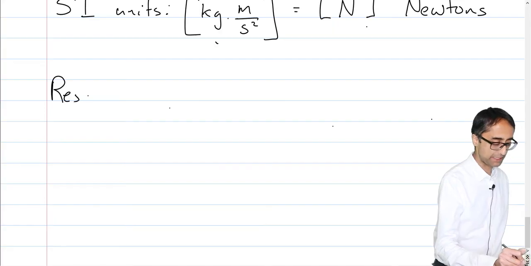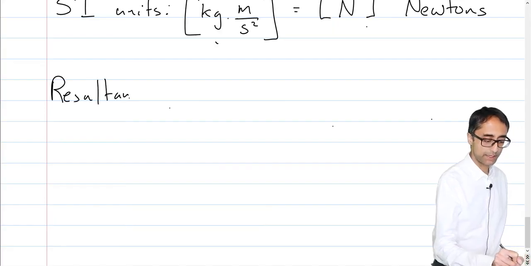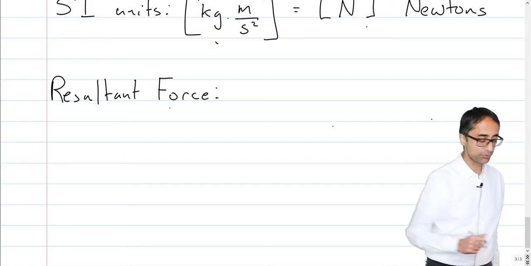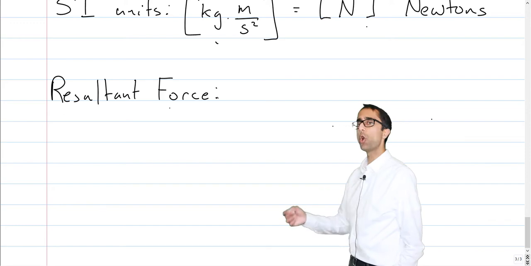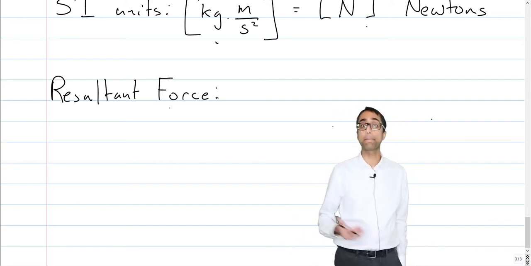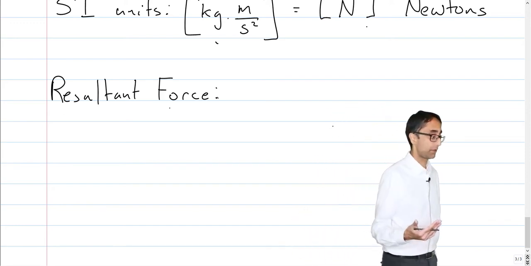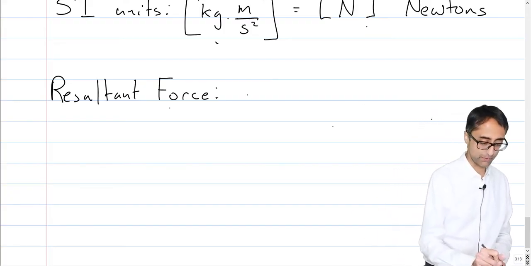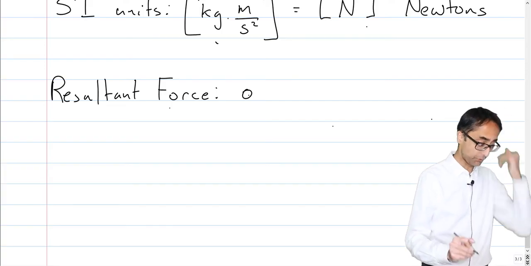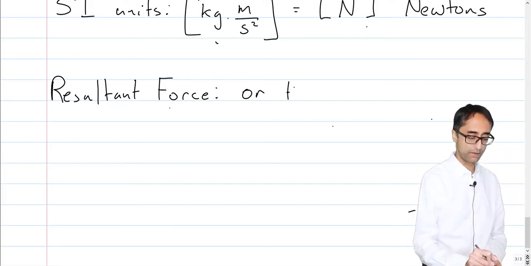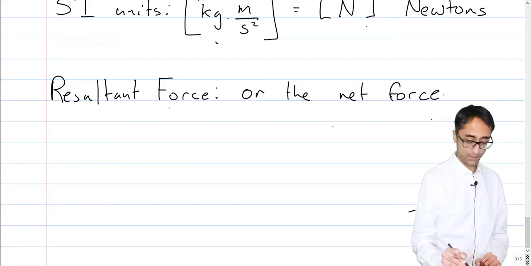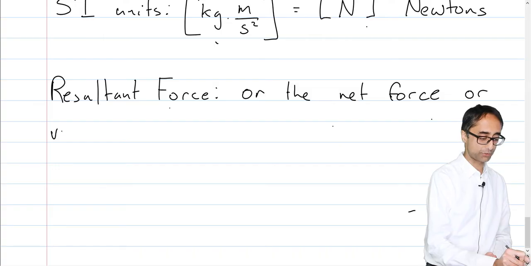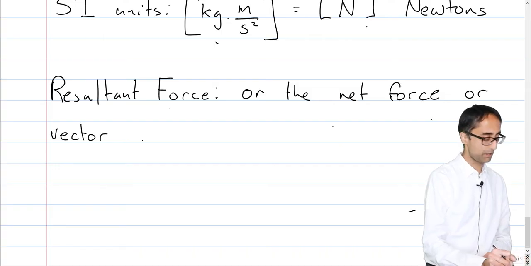Now, some people will call this the net force or the total force. It doesn't really matter. Feel free to label it or call it whichever you like, as long as you realize that it itself is not a force. It's not an example of a force. It is the result of all of the other forces that we're going to learn about. So the resultant force, or the net force, or perhaps you prefer the vector sum of forces, all are equivalent.